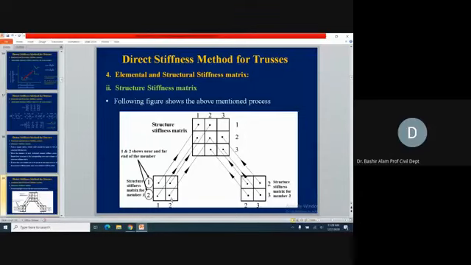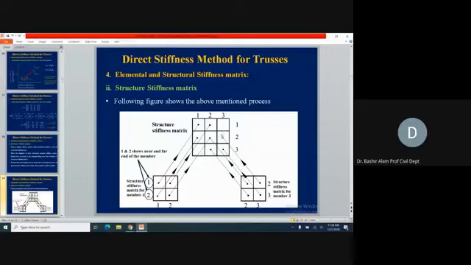It means at joint 2, we have these 2 members connected. So they are contributing to this 2, 2 location. If you see here, at this 1, 3, we don't have any element. At 3, 1, we don't have an element. It means members are not connected at these locations.